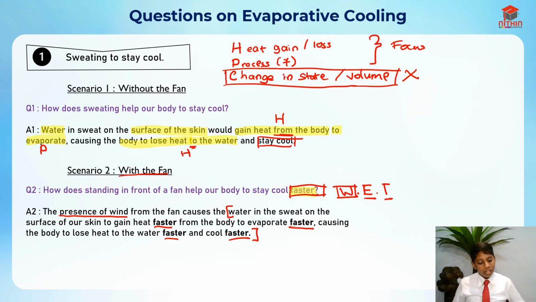Because if we don't explain the word faster, then there is no difference to this question. That is why you need to use comparison terms when a question asks for comparison terms. Okay, let's move on to the second type of question.